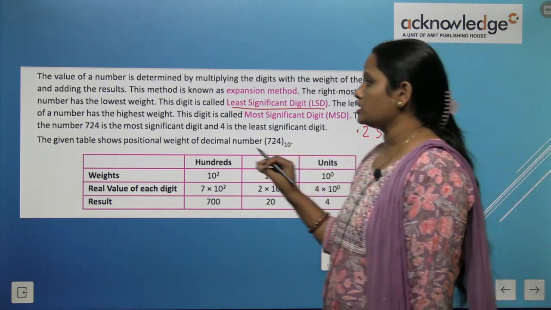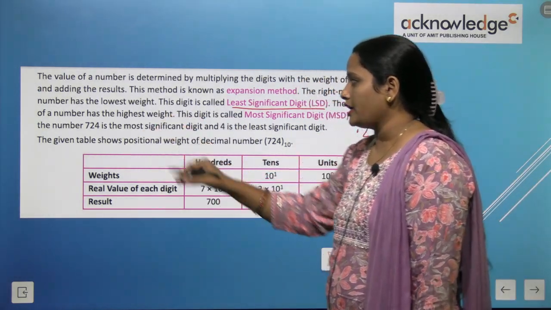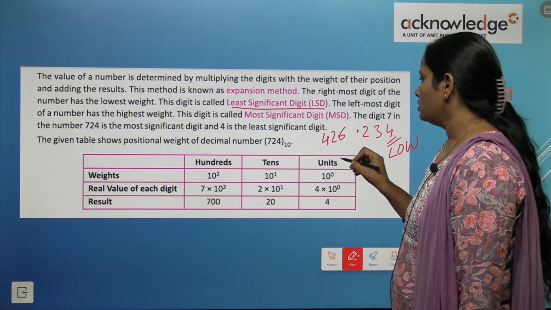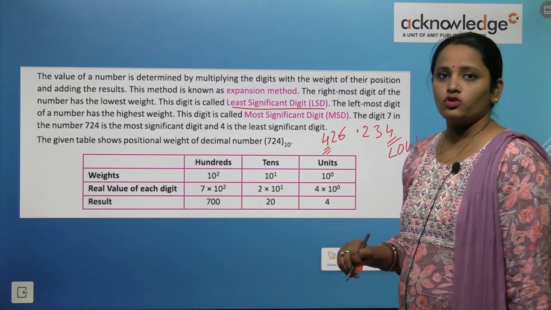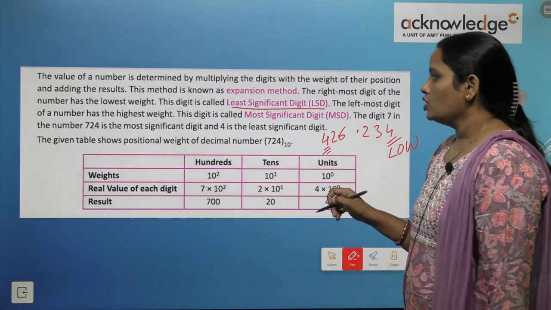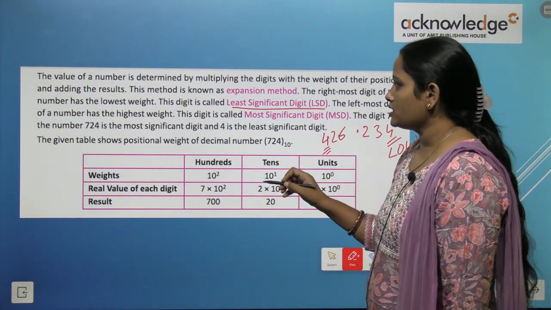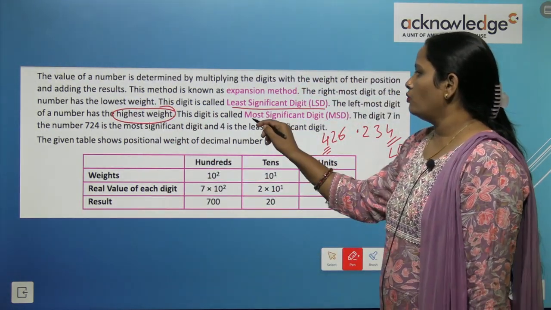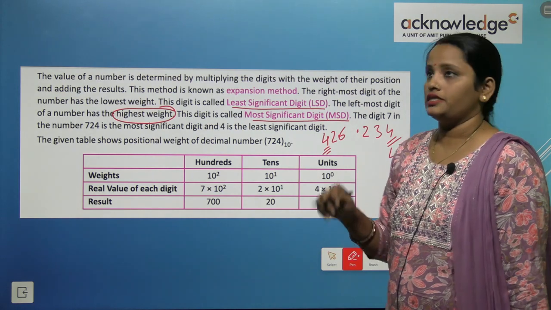The leftmost digit of the number has the highest weight value. So here we have written the number, and this is the leftmost digit in this number system. It has the highest weight, so it is called the most significant digit.